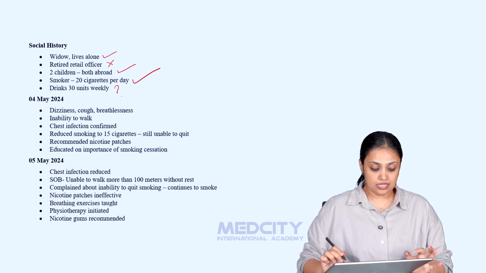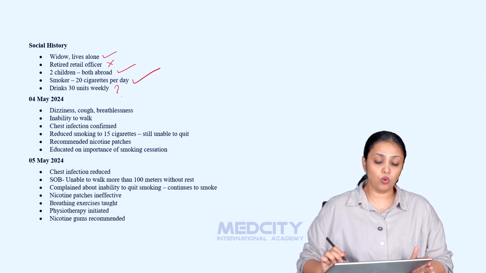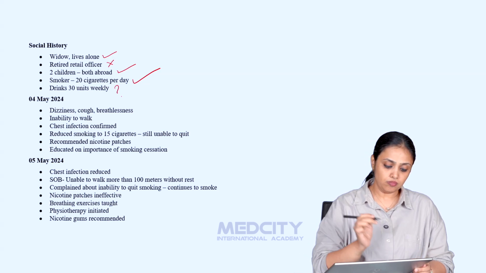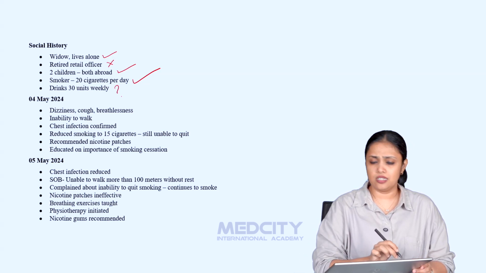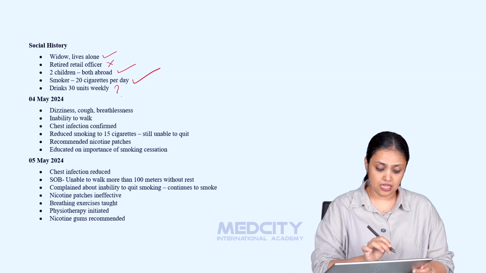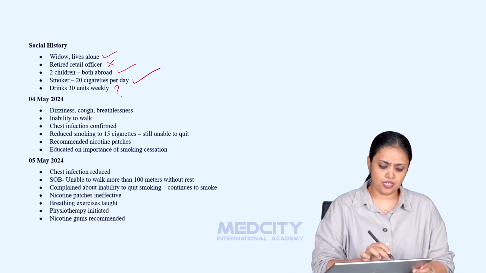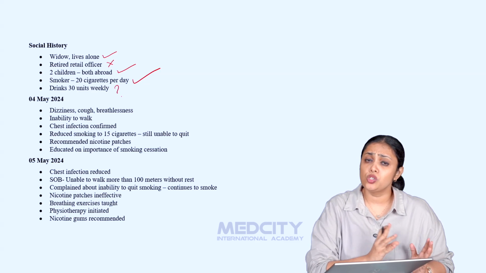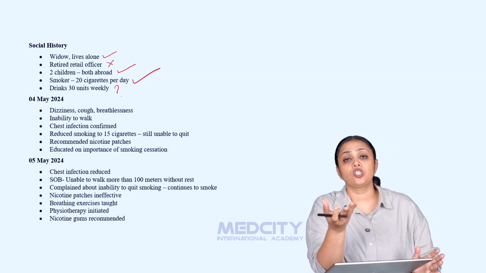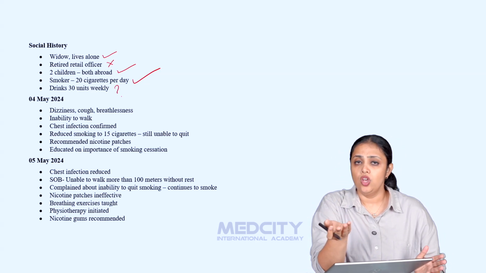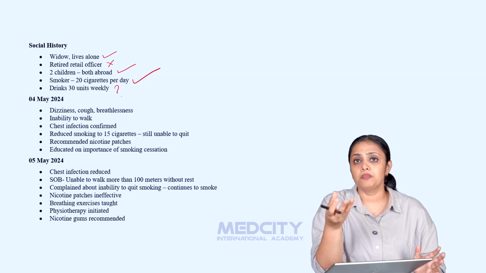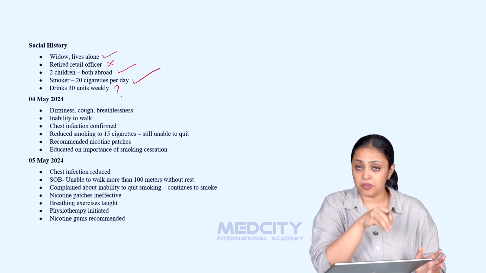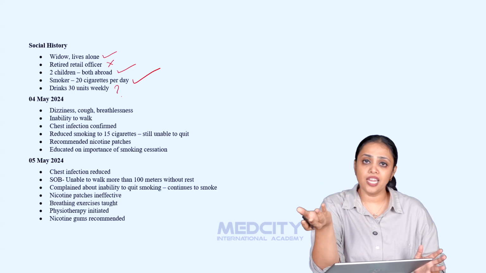Now moving on to the dates, the first date that you see is 4th May 2024. Dizziness, cough, breathlessness, these were the presenting complaints, inability to walk, chest infection confirmed. Now, do we have to list out the symptoms? Are we referring the patient to a doctor or a respiratory specialist for further management? No. So by knowing these initial symptoms, our reader as per this letter is not going to gain anything out of it.